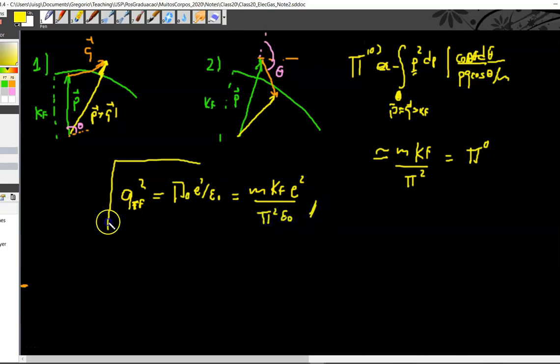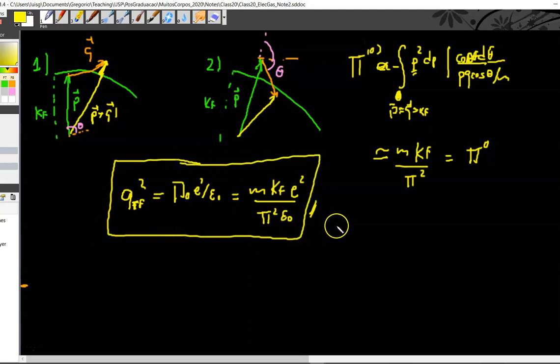So that would be my Thomas-Fermi cutoff, Thomas-Fermi momentum. Actually, it's not exactly this, but roughly, okay?